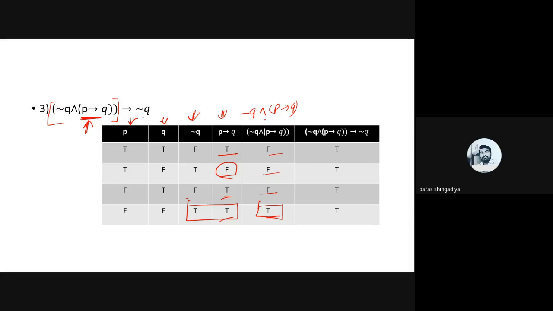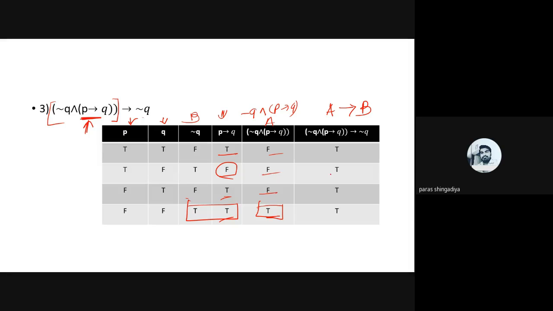And now the final one, you can call this column A. Otherwise you can directly write it here, let us say A and B. The negation q column is B, and we'll check A conditional B, where A means the column negation q and p conditional q, and B is the negation q column.